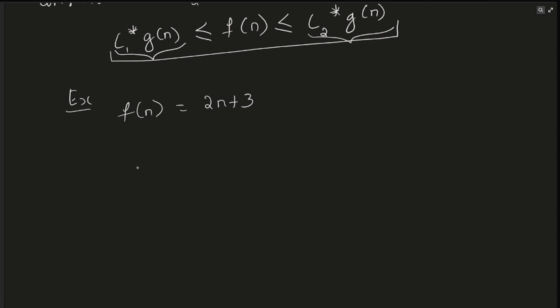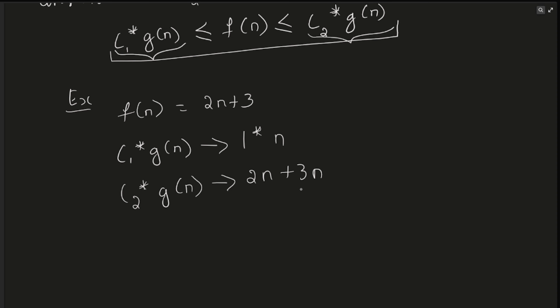We'll take c1 into g of n as 1 into n, and c2 into g of n as 2n plus 3n, which equals 5 into n. We have already discussed 1 into n and 5 into n. Let us substitute these values in the expression and validate whether this holds good or not.